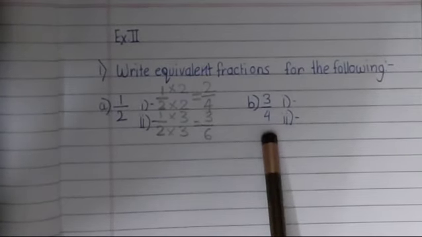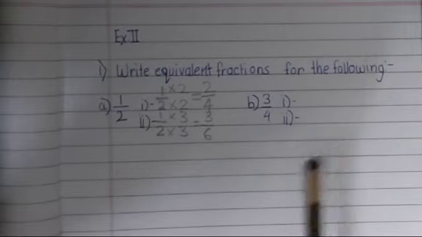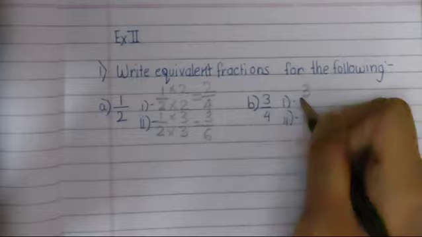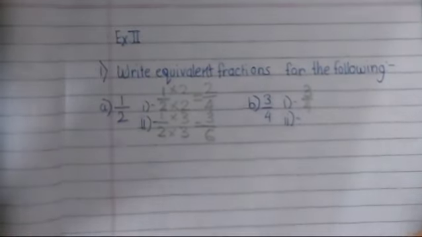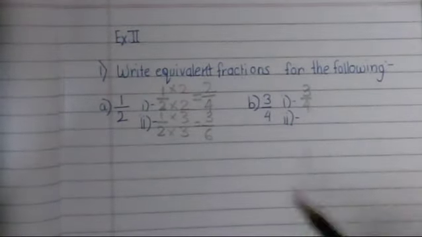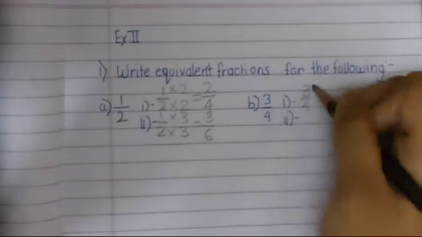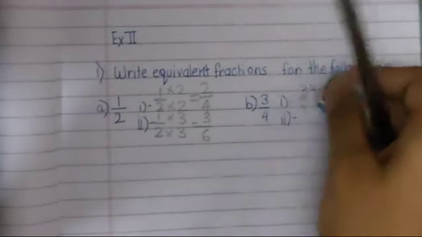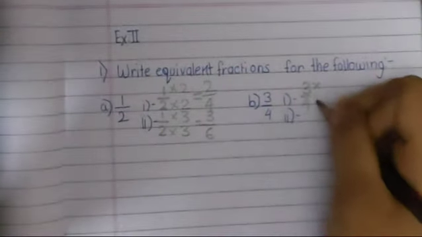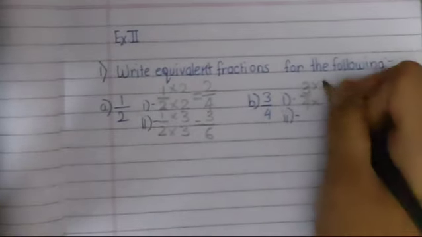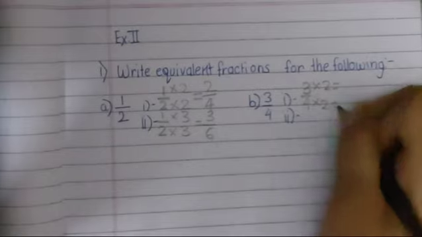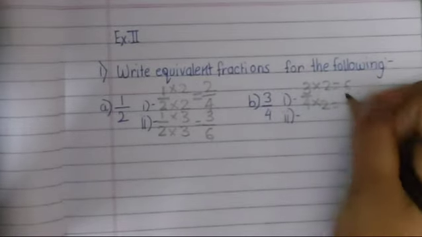We can see the fraction 3 by 4. We have to write two equivalent fractions of this. So the first will be 3 by 4 multiplied by 2 like before. So 3 multiplied by 2 and 4 multiplied by 2 will be equal to 6 by 8.